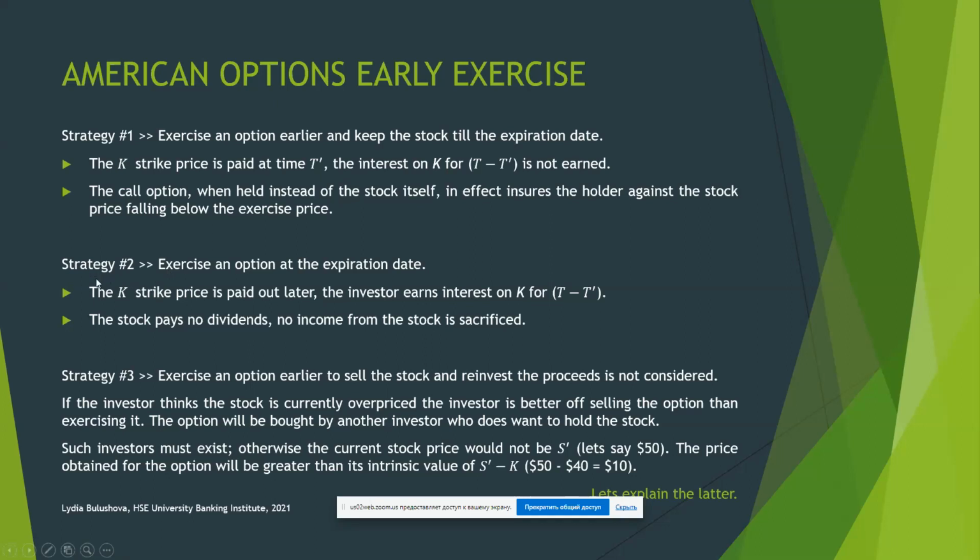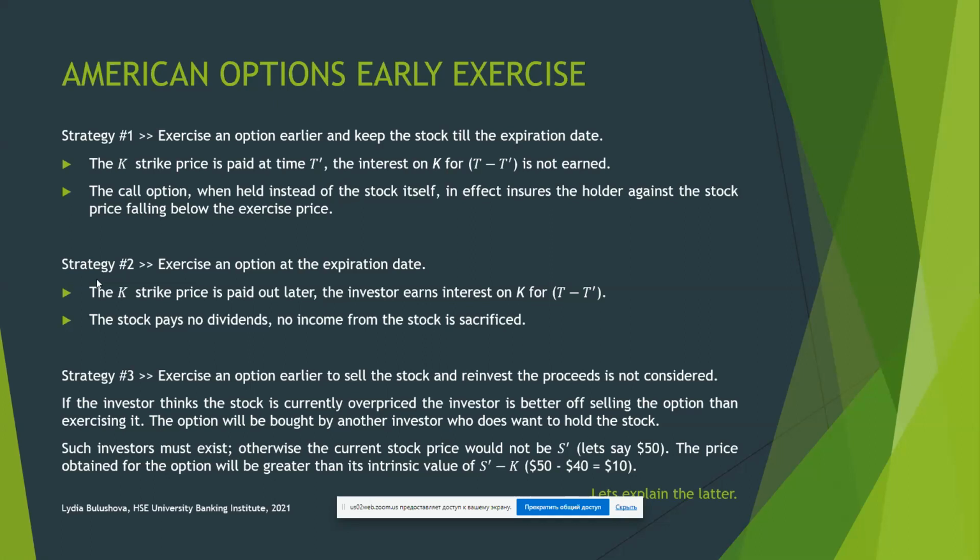So my money just stays where it was and I continue earning interest on this K amount of money. And if we consider a non-dividend paying stock, I don't expect any income from the stock. So I have a kind of insurance from the stock price drop.